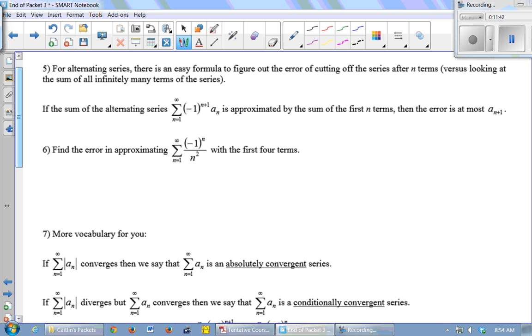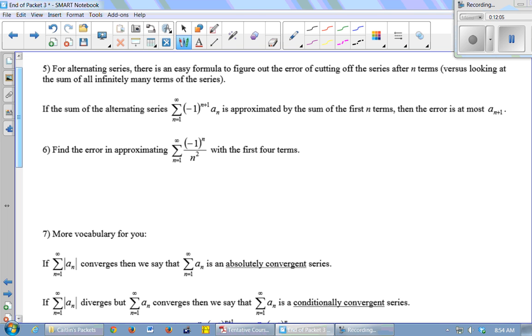So for alternating series, when the signs alternate, there's an easy formula to figure out the error of cutting off the series after n terms, right? You can't possibly add up an infinite number of terms by typing in your calculator. Sometimes we can do something tricky to figure out what the infinite sum is.